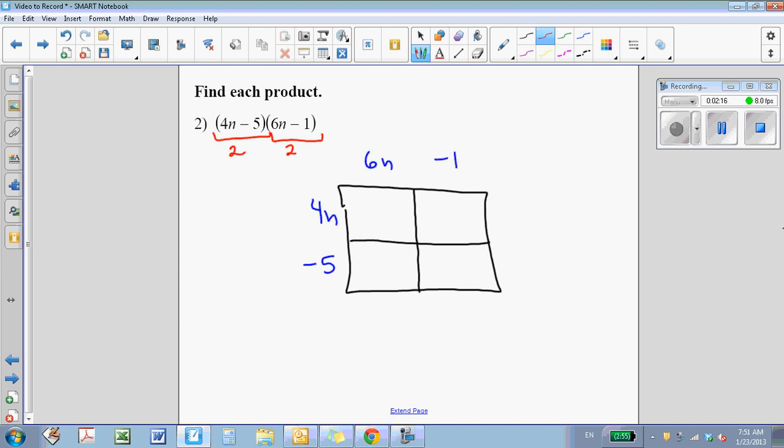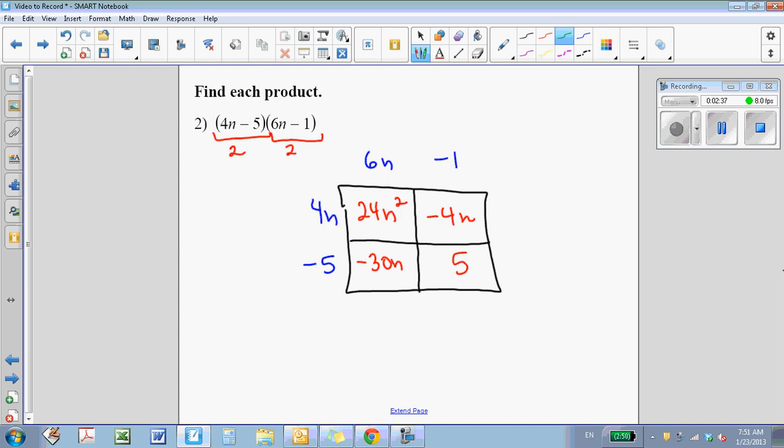And then we're going to go through and multiply to find the area of each individual rectangle. So 4n times 6n will give us 24n squared. 4n times negative 1 will give us negative 4n. Negative 5 times 6n will give us negative 30n. Negative 5 times negative 1 will give us positive 5.